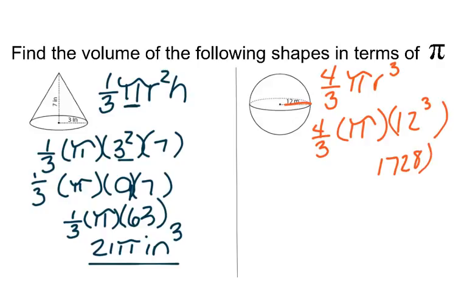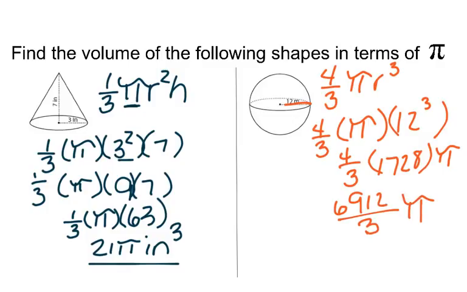And I'm going to leave the pi on the outside here so I get it out of my way, times 4/3. So 4 times 1,728 is 6912 divided by 3. I'm leaving the pi by itself. And then when I finish this up, I get 2,304 pi meters cubed.